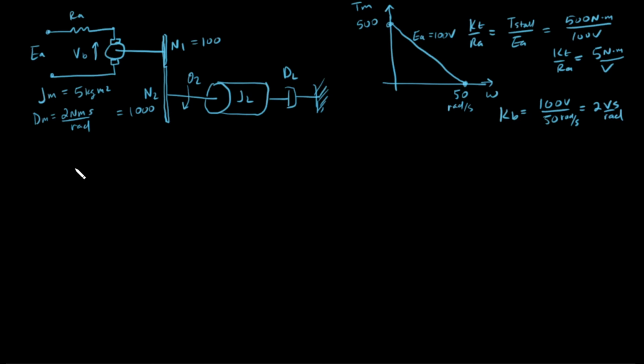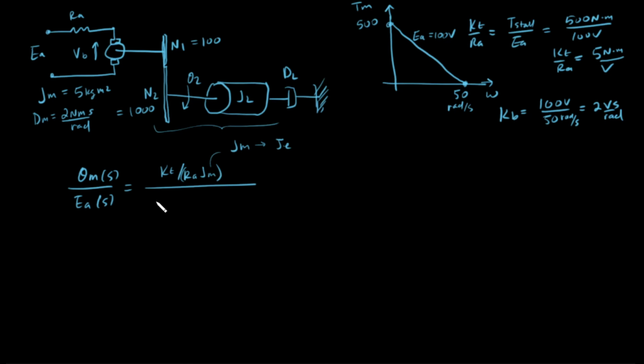And then we can just go back and do our modeling, which is theta m of S, the output of the motor dynamics, over the applied voltage. So the output over the input is KT over RA times quantity 1 over JM, and we'll see here in a second that JM can be replaced with JE once we get the equivalent inertia from this system.